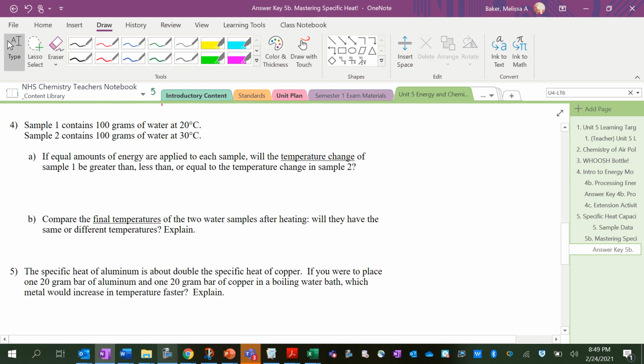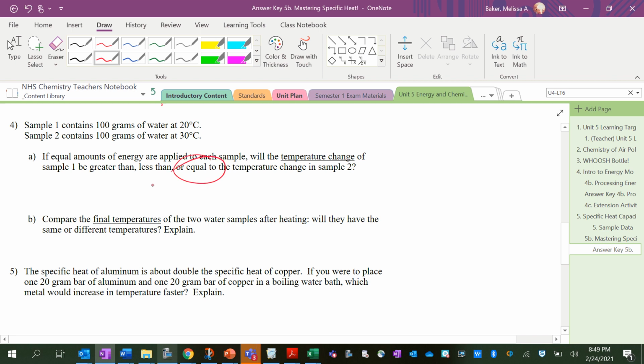Sample 1 contains 100 grams of water at 20 degrees Celsius. Sample 2 contains 100 grams of water at 30 degrees Celsius. If equal amounts of energy are applied to each sample, will the temperature change of sample 1 be greater, less than, or equal to the temperature change of sample 2? Well, it'll be equal.